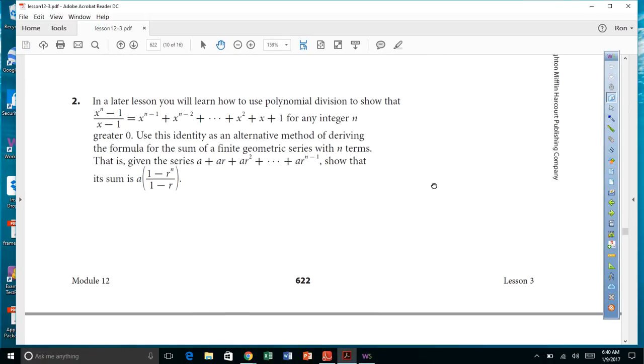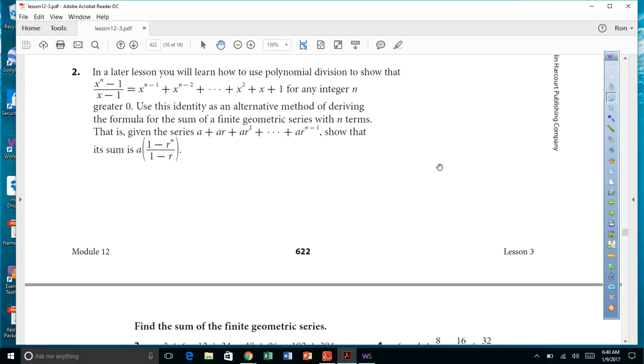Number 2. In a later lesson, you will learn how to use polynomial division to show that x to the nth power minus 1 divided by x minus 1 equals x to the n minus 1 plus x to the n minus 2 plus and so on, plus x squared plus x plus 1 for any integer n greater than 0.